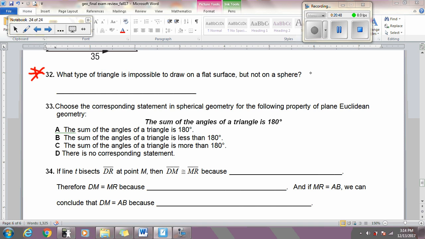And remember this answer. It says, what type of triangle is impossible to draw on a flat surface, but not on a sphere? The answer is equilateral, right triangle. Equilateral, right triangle.